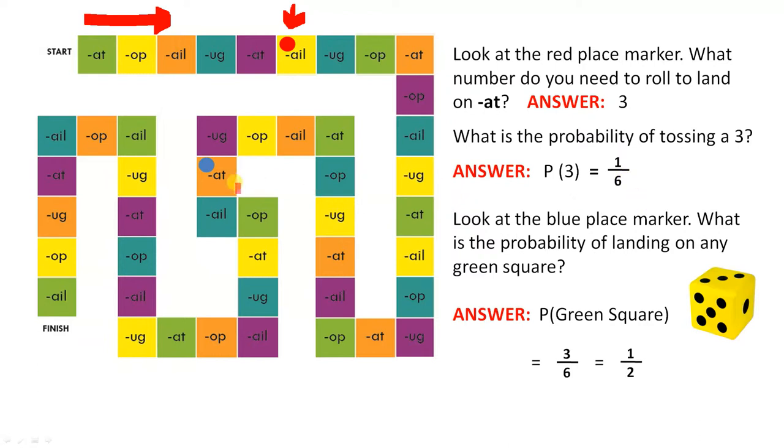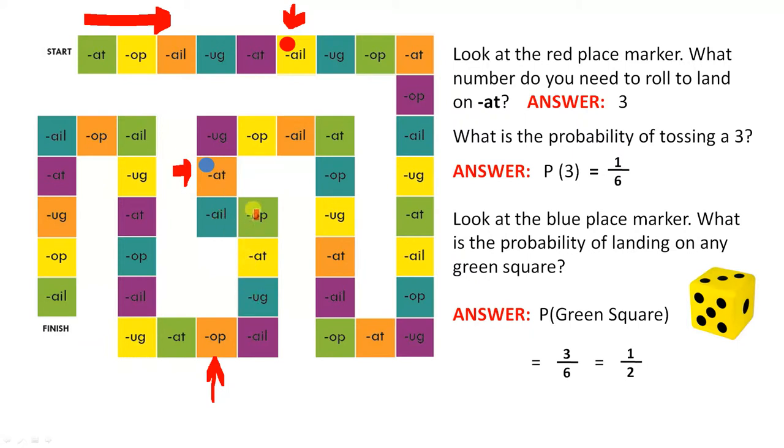Look at the blue place marker, this one. What is the probability of landing on any green square? Now let's see, what is the furthest we can go? 1, 2, 3, 4, 5, 6. That's the furthest we can go. That's if we throw a 6, we get there. We only want the green squares, so there are 1, 2, 3 of them.